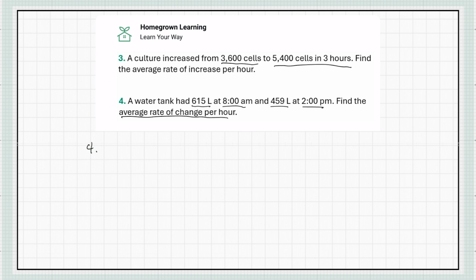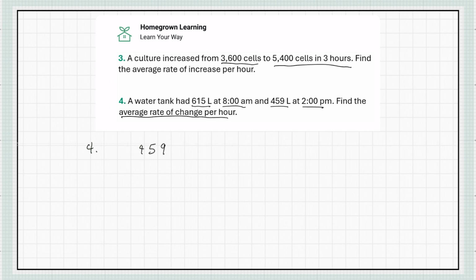It's important to recognize what's happening. Unlike the previous one, where we had an increasing rate of change, we're growing more cells, in this question we're going negative. So our rate of change will be a negative number because we're losing water over time. Let's start out in exactly the same way. It's just one quick change.